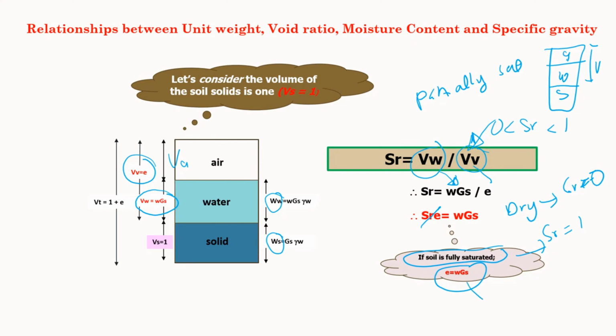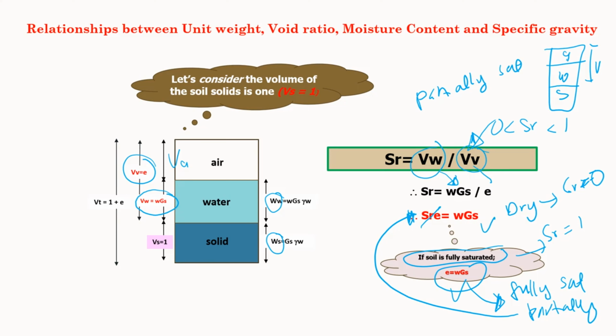So this equation is only applicable for soil that is fully saturated. If it's partially saturated, you have to use these equations. And if it's dry, we cannot use either of the equations. There's no way to use these equations for dry soil.